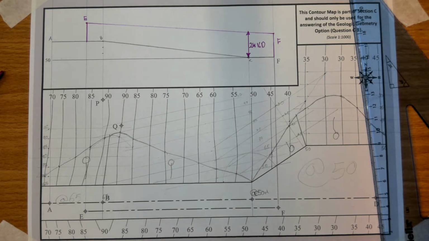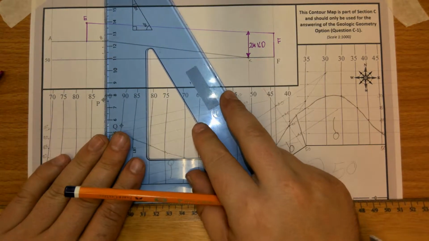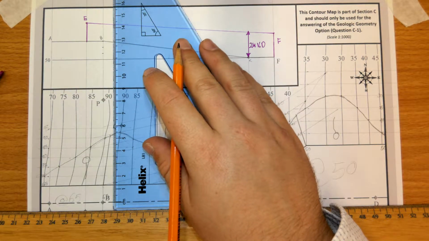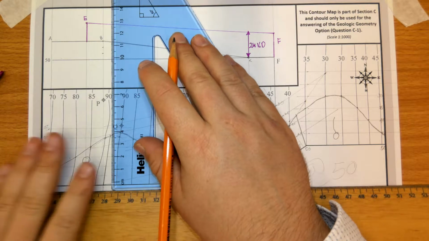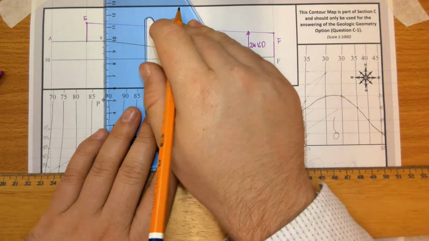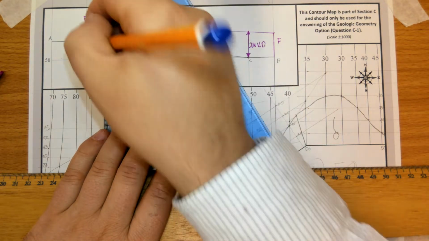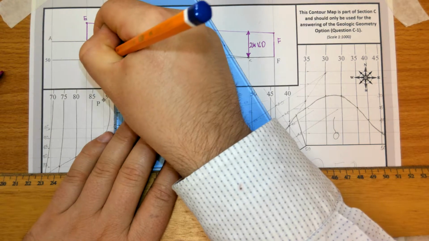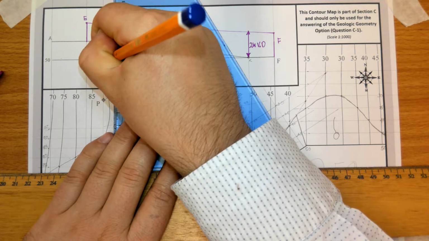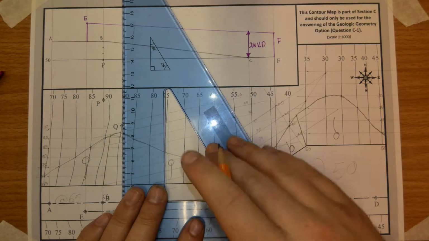Point P. We're going straight up from point P. Vertical boreholes from points P and Q reveal the top surface of a stratum of ore at 50 meters and 35 meters respectively. So this is point P, and Q at 35.